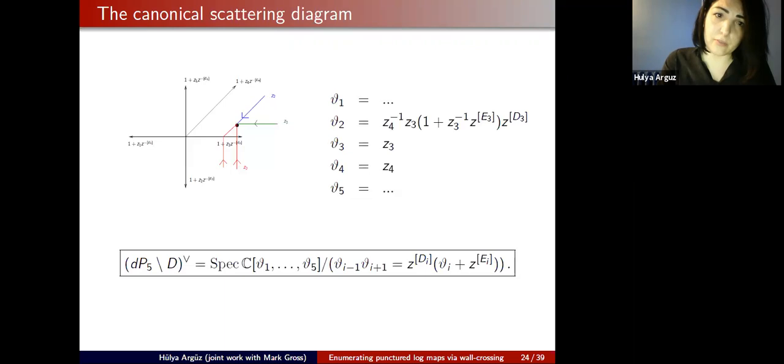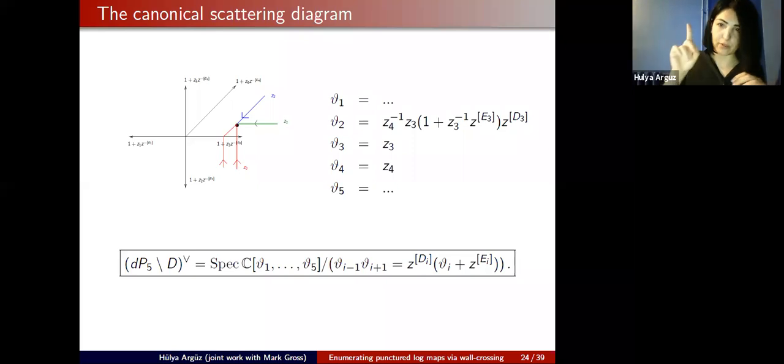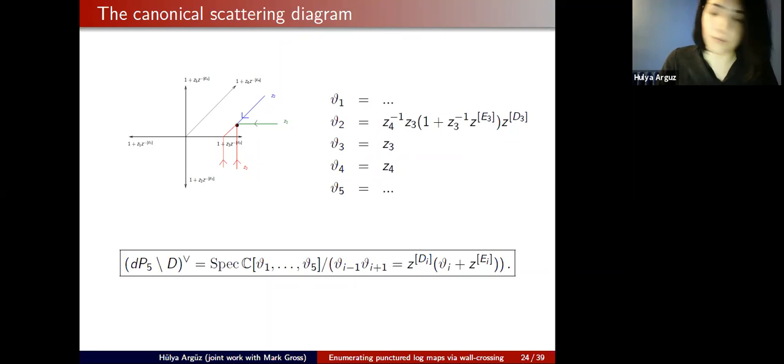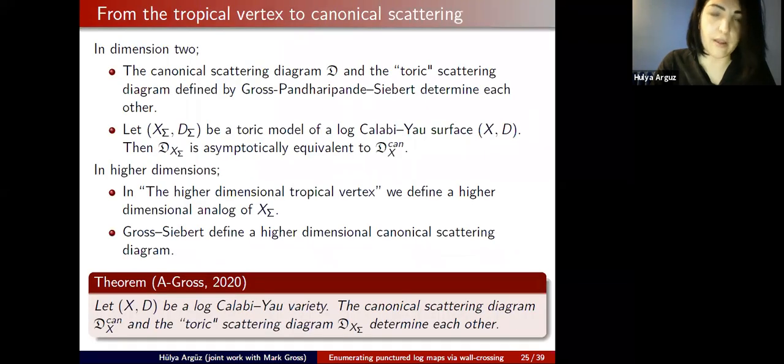And I will not spend a lot of time here, but the idea is if you're away from the singularity, your broken lines will always converge away because broken lines bend in the direction of the wall. So you don't care about what happens away, you care about what happens around the origin essentially. And because I have 12 minutes remaining, I will skip the combinatorics of how it goes.